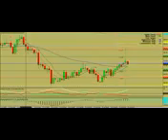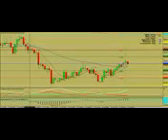This wouldn't have been an entry here or here. We may have entered right here, but I'd like to enter right after the cross on the next candle. So this is a big downtrend that we probably would have missed, but it's better to be safe with our trading.